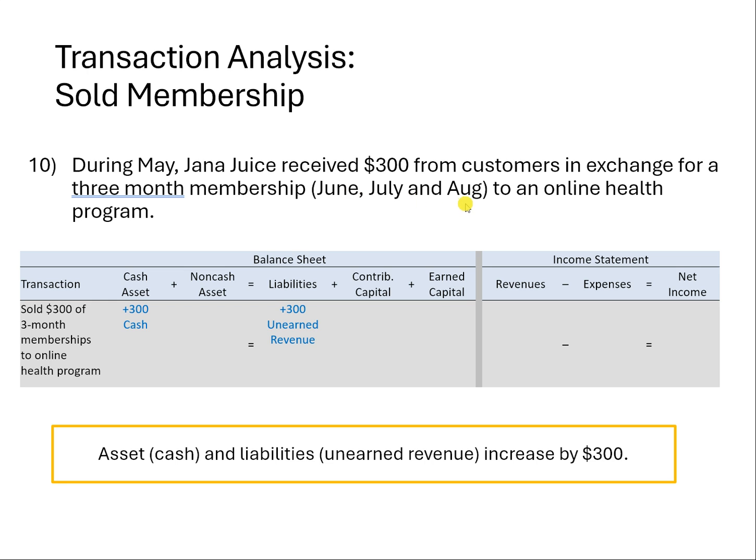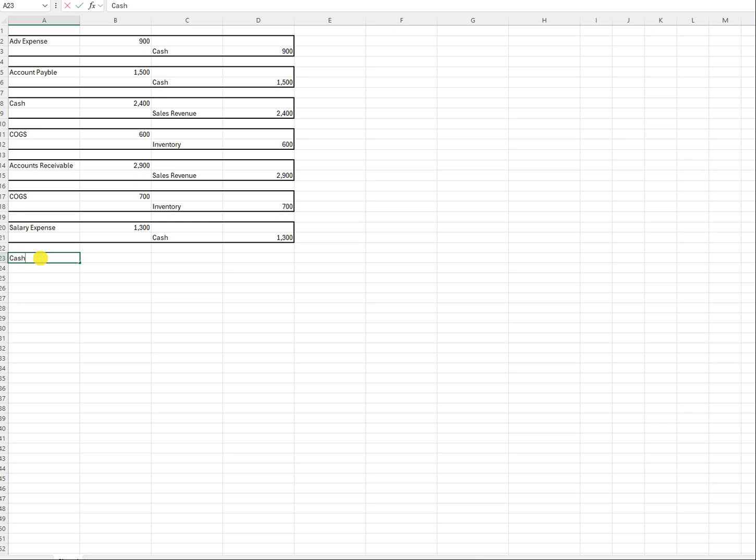Therefore, we haven't provided any service and it becomes our obligation to customers, and it's our liability. So the $300 will be recorded as a liability, not revenue. So I'm going to increase my cash and increase my liabilities, called unearned revenue, $300.